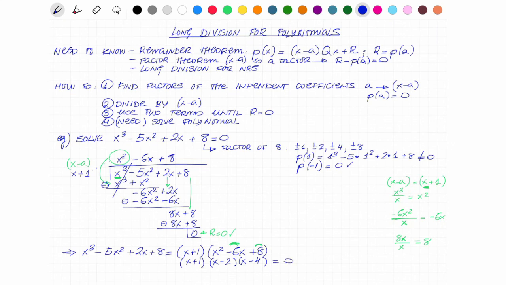We got in here, this equals 0. Now I can get the x from each one of these, and that is just solving linears. X needs to be either minus 1, positive 2, or positive 4. And we've got the roots of the polynomial. We box it, and we're done.